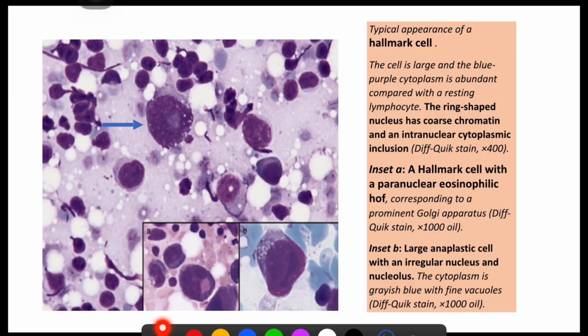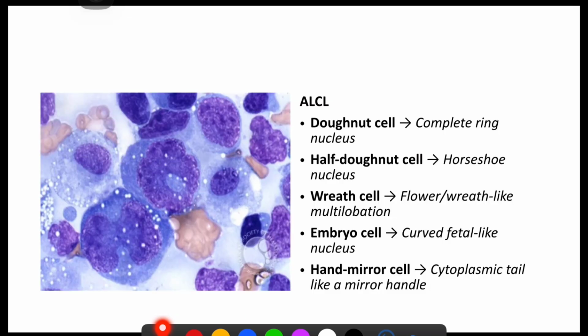So this is hallmark cell, and here you can identify ring shaped nucleus and coarse chromatin, and here again paranuclear hof, and this is a large anaplastic cell with irregular nuclear membrane and large irregular nucleolus. So these are typical appearances of hallmark cell. This is donut cell which has a complete ring nucleus.